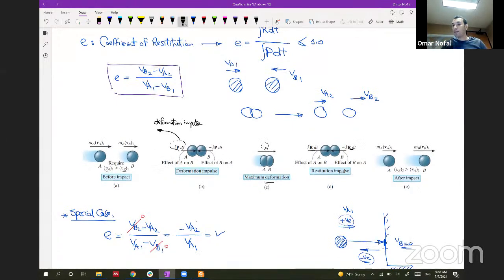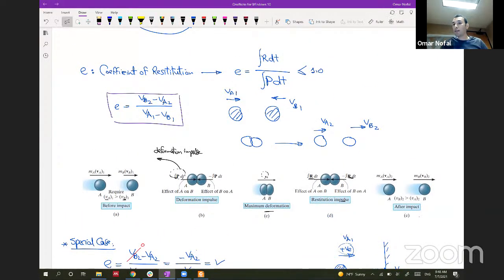And finally there will be two separate bodies, and some of the momentum goes from the high momentum body to the low momentum body, so you end up with VB2 more than VA2. In the first phase, the velocity of body A is more than B, but after the collision, B takes the momentum from A and has more velocity than A.